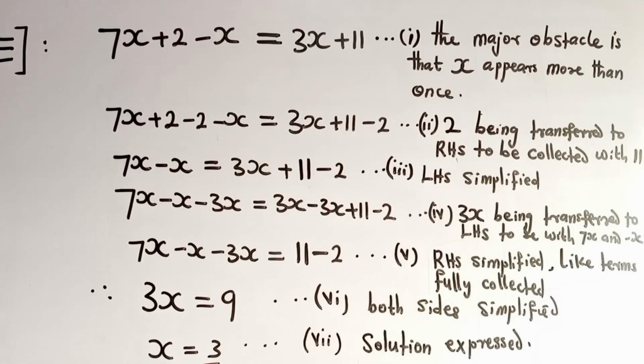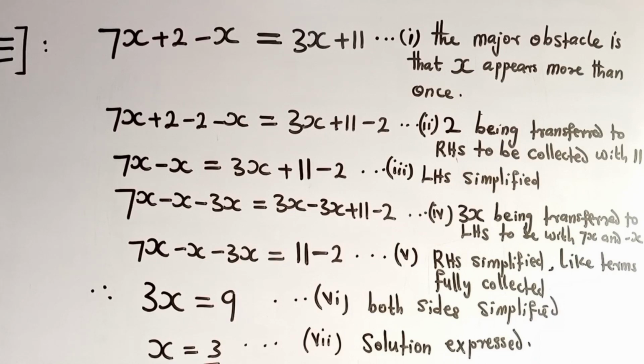Recall that when the unknown appears more than once in an equation, there are 2 ways of making it appear once. The first method is collecting like terms, and the second method is factorization.